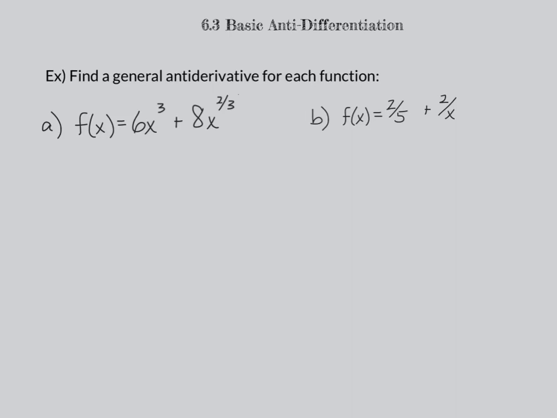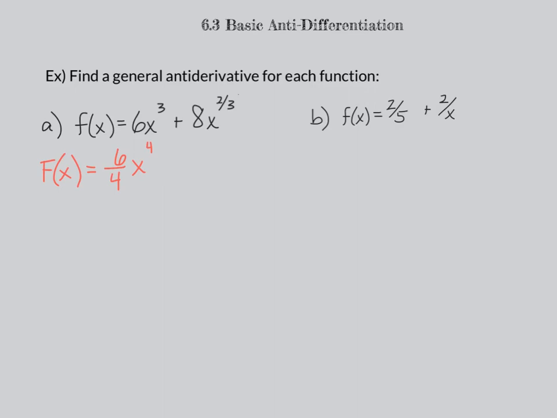Okay, let's try a couple of these, finding a general antiderivative. Okay, in our first example, to find the antiderivative, which we'll call capital F, I'm going to keep my 6. I know that we're going to have to raise x to 1 higher than 3, and we also have to divide by that number.